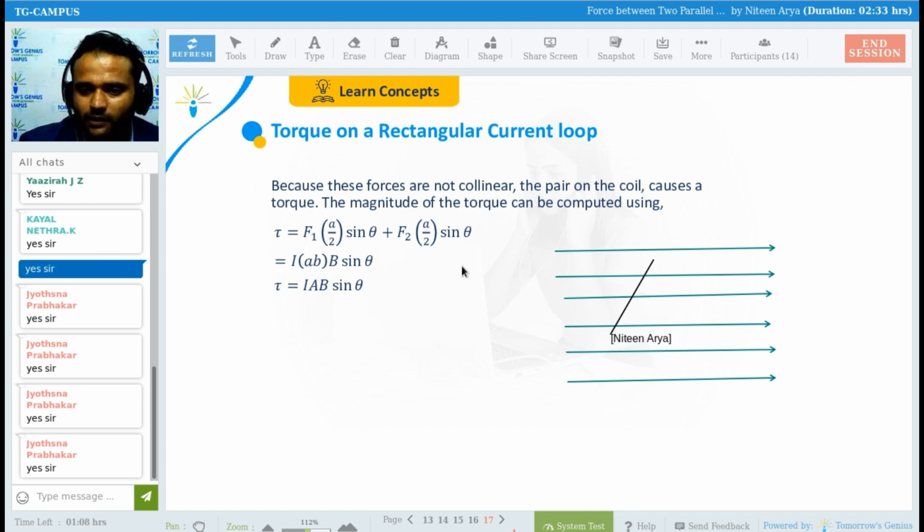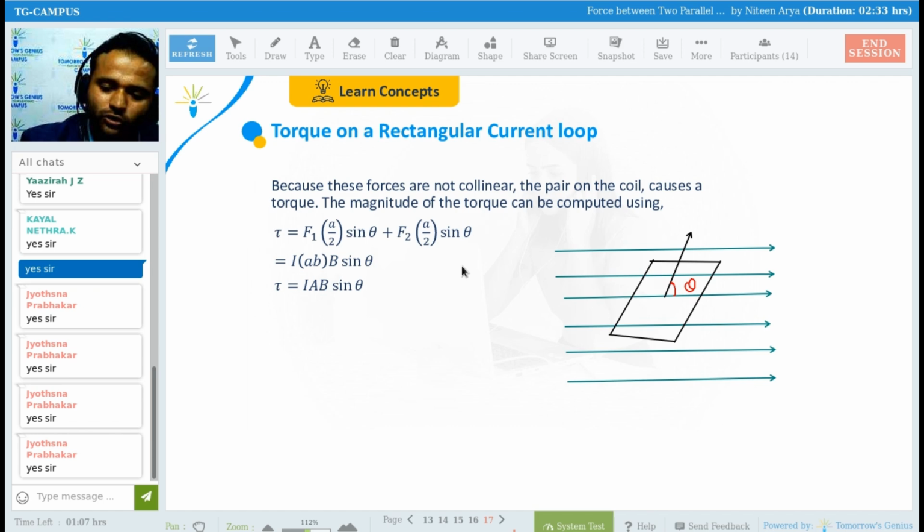Now the coil has some angle theta. What is the meaning of this normal? This is your normal, and you can see that this normal has some angle theta.